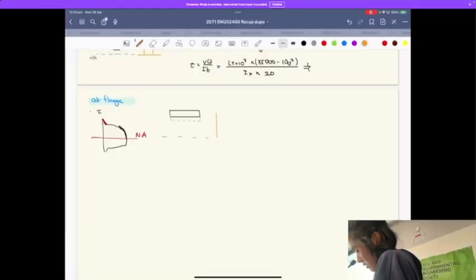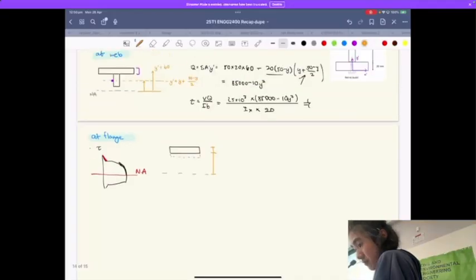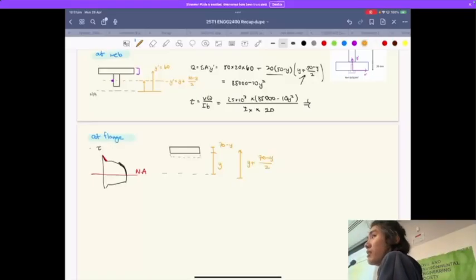So this distance is 70 minus y. This is y. And this distance will be y plus (70 minus y) over 2. And then that will be what you plug into Q, and then what you plug into tau for your shear.